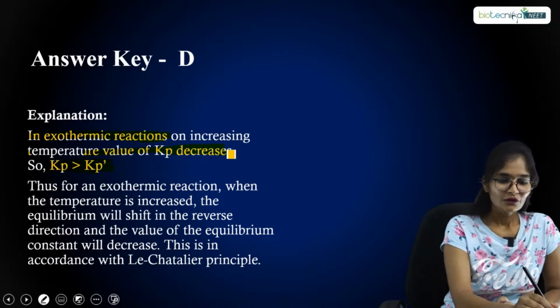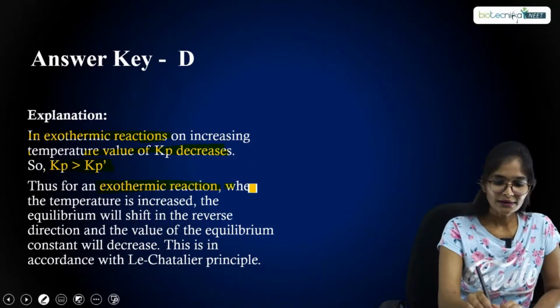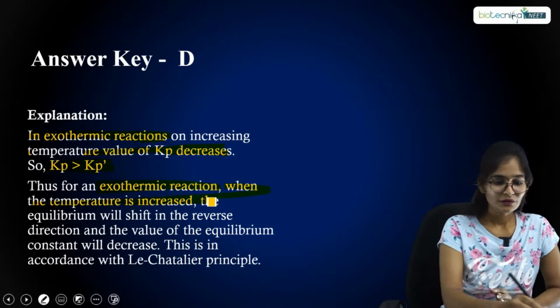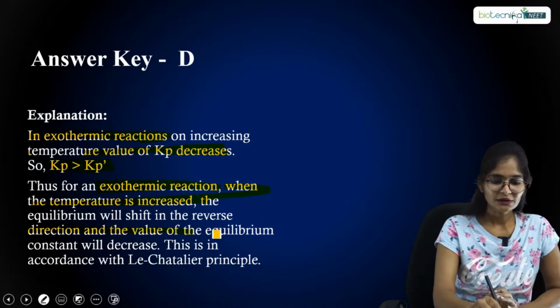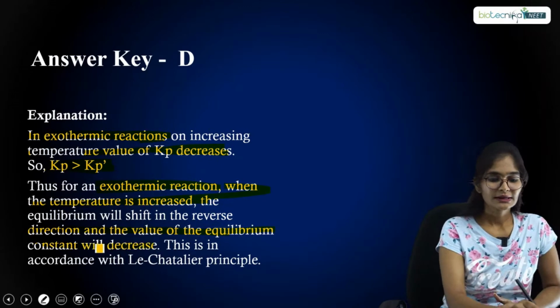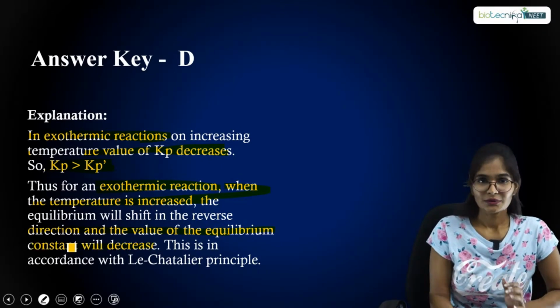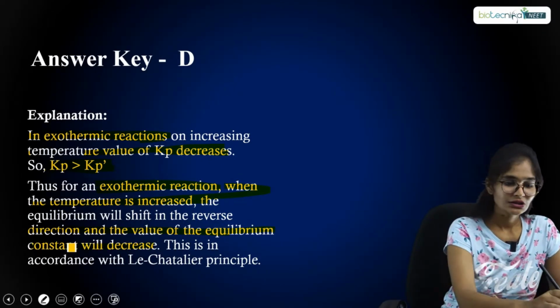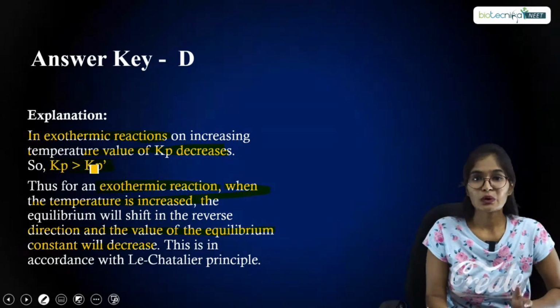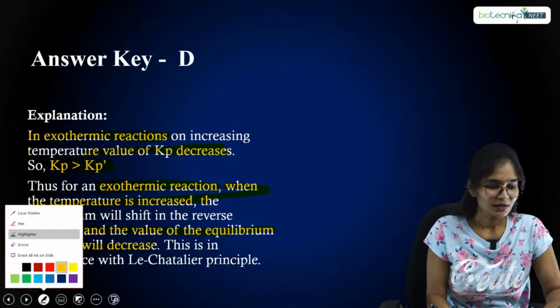And overall, for an exothermic reaction, when the temperature is increased, the equilibrium will shift in the reverse direction and the value of the equilibrium constant will decrease. That's why we have the condition Kp is greater than Kp dash. Okay, so this is the correct option for this question.